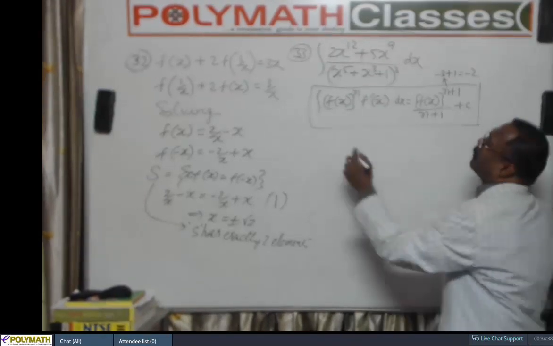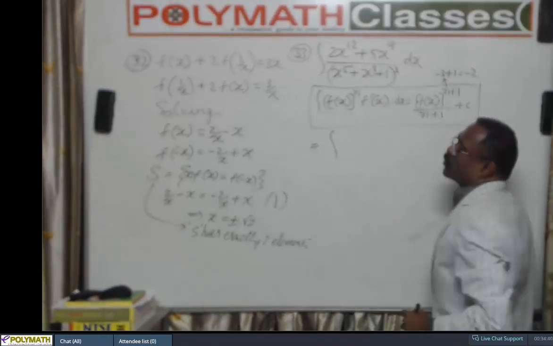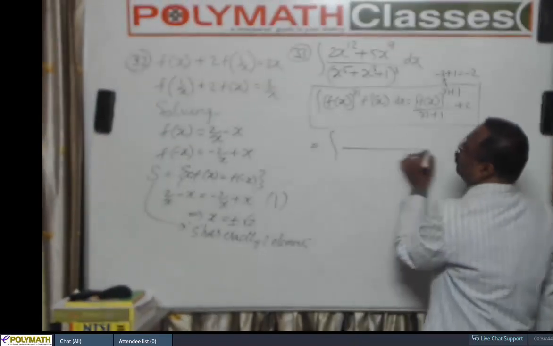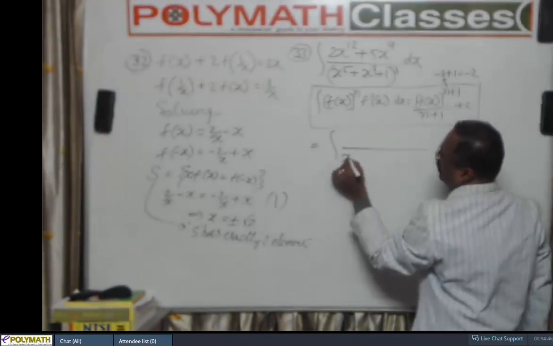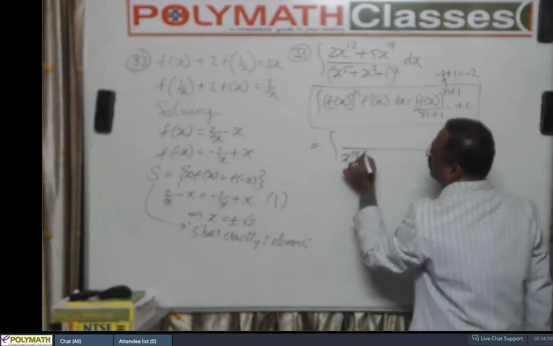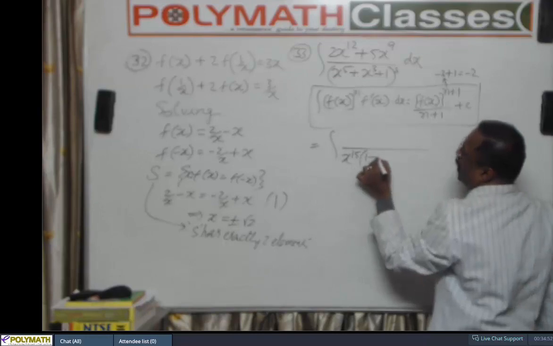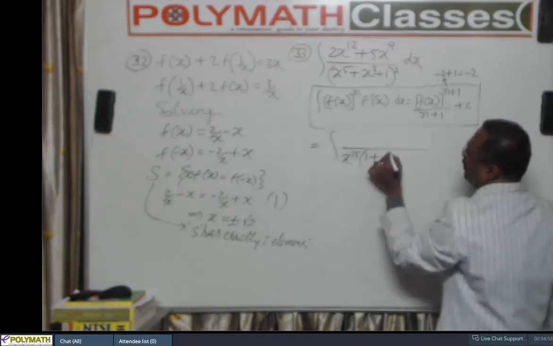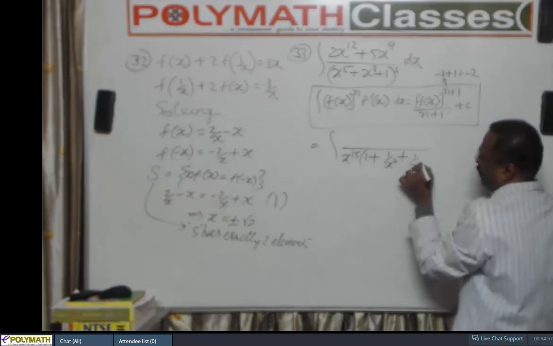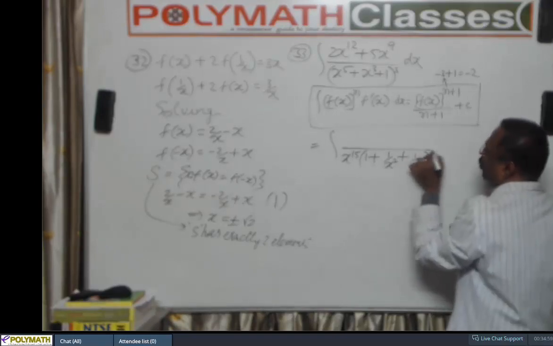So for that purpose, how to proceed here? Take x power 5 common in this one, which becomes x power 5 whole cube, which is x power 15, and this becomes 1 plus x power 5 taken common, 1 by x square, this becomes 1 by x power 5 whole cube.